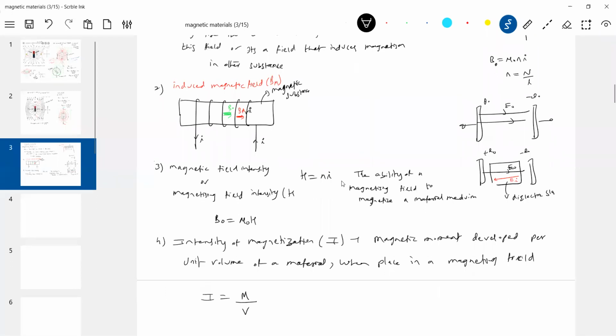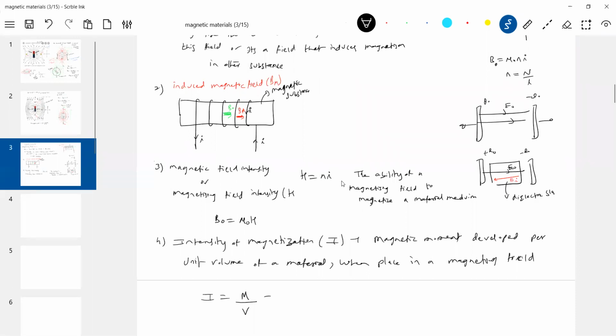What should this magnetic moment be equal to? From where should I measure this magnetic moment? The individual atoms will behave like a magnet. Then the number of atoms into the dipole moment of each magnet will become the magnetic moment here.